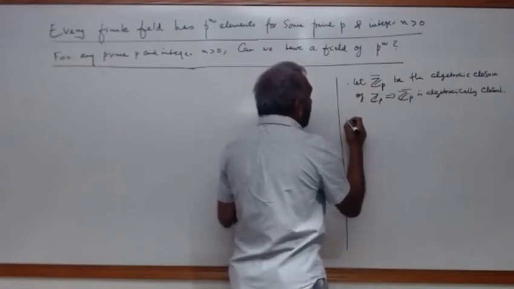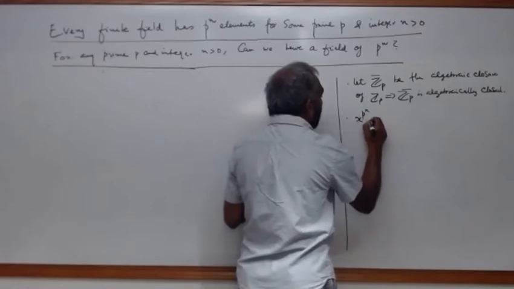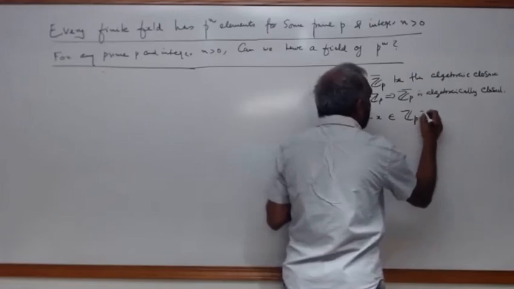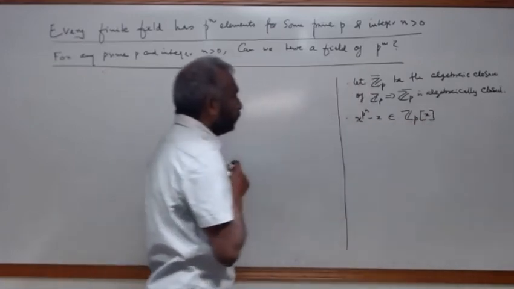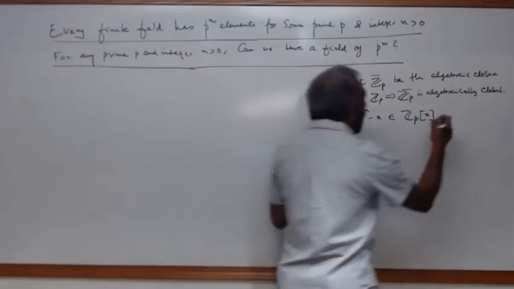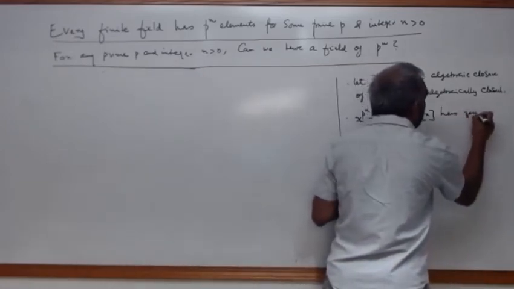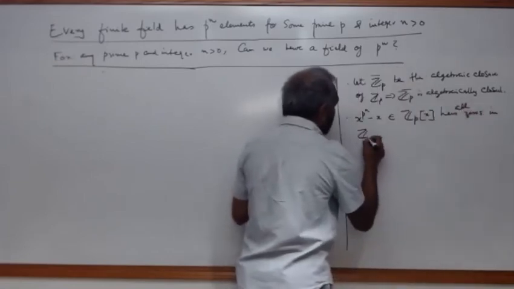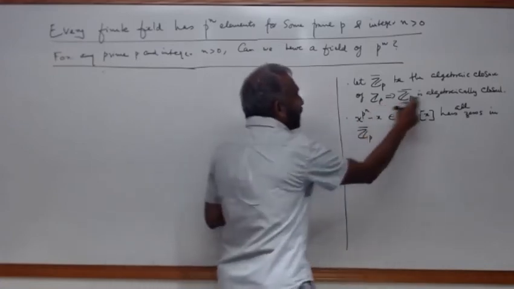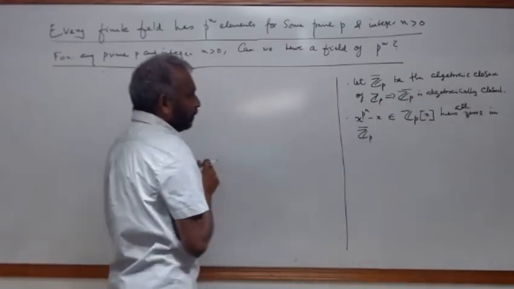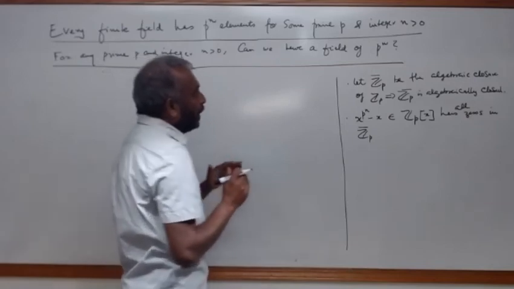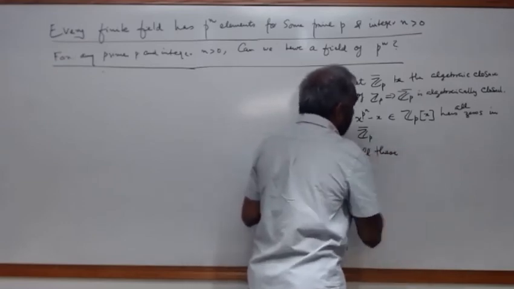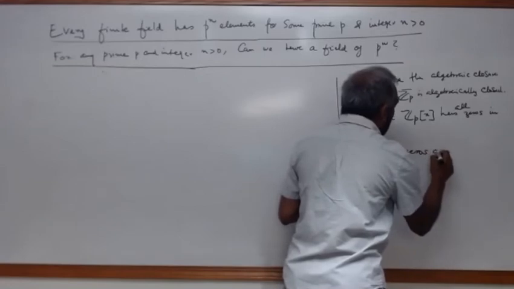So consider this polynomial x to the power of p to the power of n minus x belongs to ZP of x. It has all zeros in ZP bar, because ZP bar is algebraically closed. Now we need to show that all these zeros are distinct.